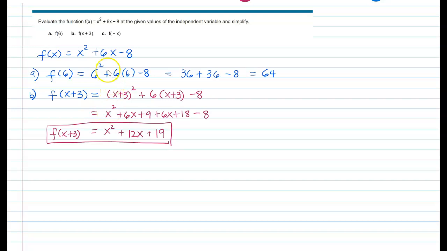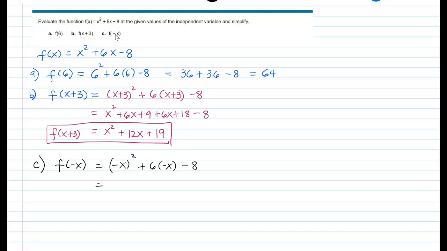And similarly, for letter C, what this means is that you replace the x here by negative x. So you have letter C, f of negative x is equal to negative x quantity squared plus 6 times negative x minus 8.